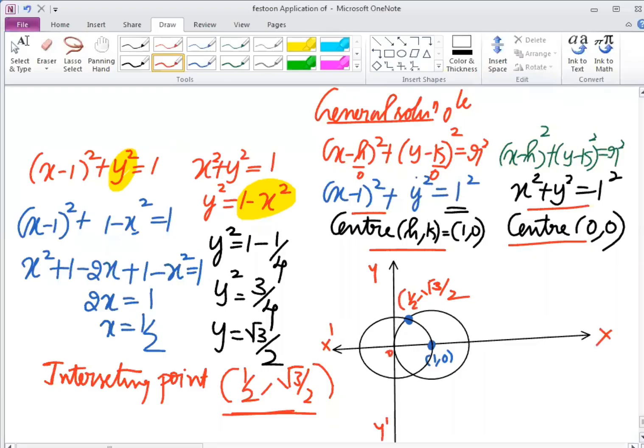Let me consider this circle as y1, having the center 1, 0, so (x minus 1) whole square plus y1 square is equal to 1. This circle's equation is x square plus y2 square is equal to 1. Going to shade now. This is the area we need to find.